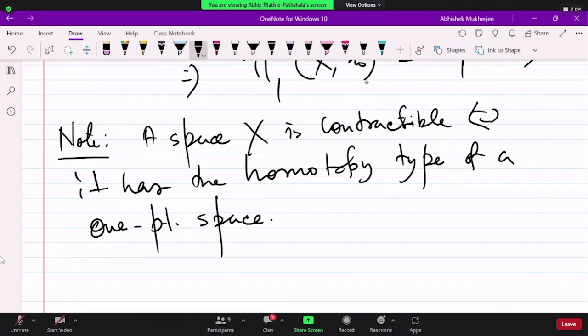That means X is homotopy equivalent to a singleton. So you can see that this holds for any n-dimensional Euclidean space.